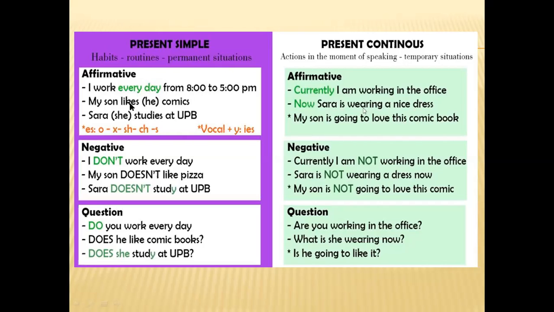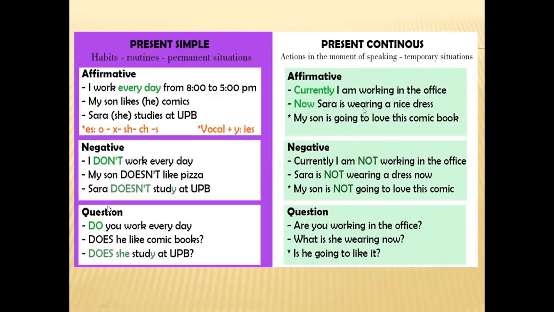My son likes comics. For Sarah, that is the same as she, she studies at UPB. Remember the rules. And in the negative sentences, remember that we have the auxiliaries, don't or doesn't. Doesn't is for she, he, or it.